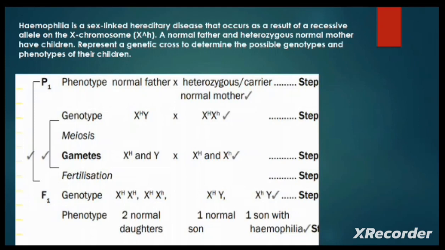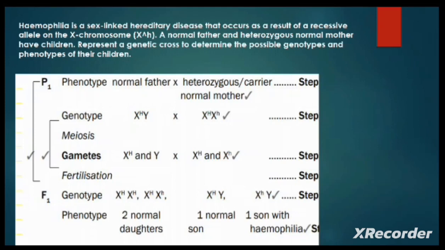Heterozygous meaning a carrier, a woman who is normal but is carrying the recessive allele. So her genotype would be X capital letter H and an X small letter h. So what they're saying is that they have children; represent a genetic cross to determine the possible genotypes and phenotypes of their children.